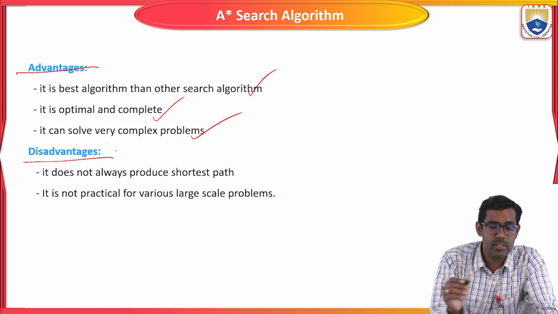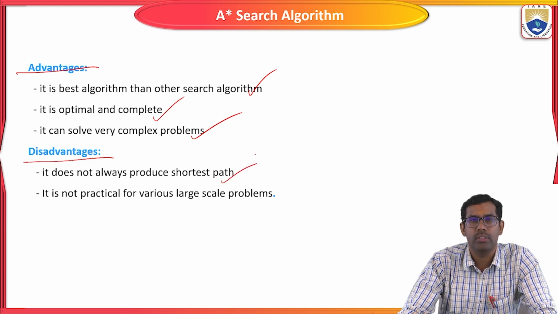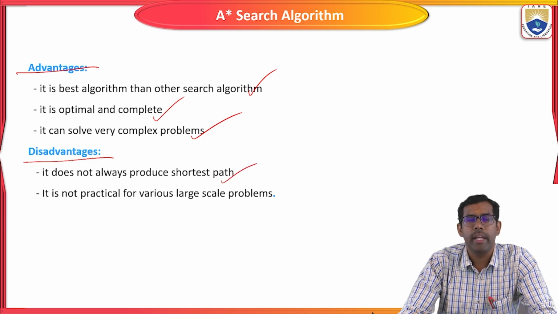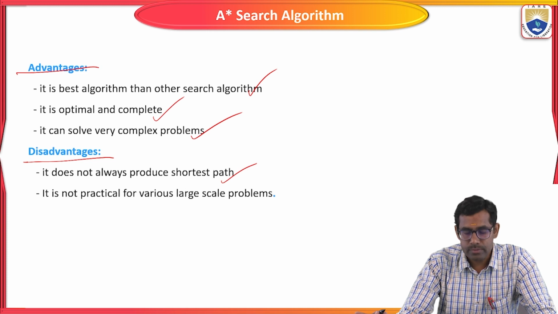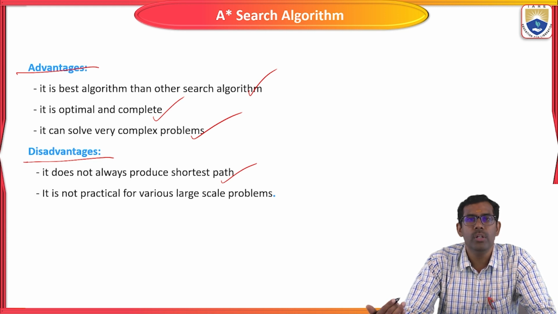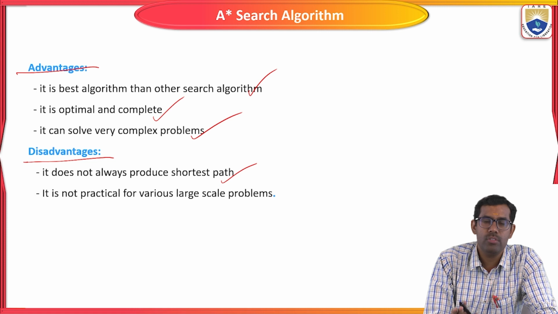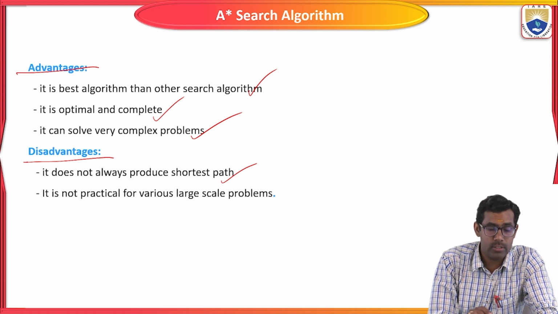The disadvantage of the A* search algorithm is that it does not always produce the shortest path. After finding the value of h(n) plus g(n), if we reach the goal node, then we can't go to further nodes, so it will not always produce the shortest path.